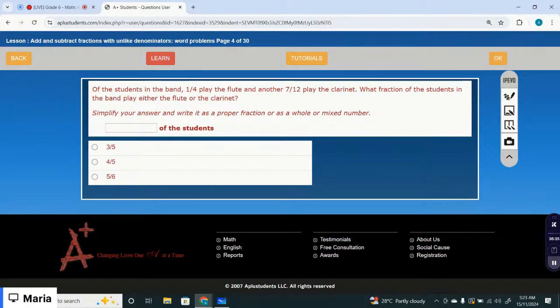So, which is the correct option? Very good. 5 by 6 it is. Okay, you can complete the lesson by yourself later today. Let me just move on to next lesson.